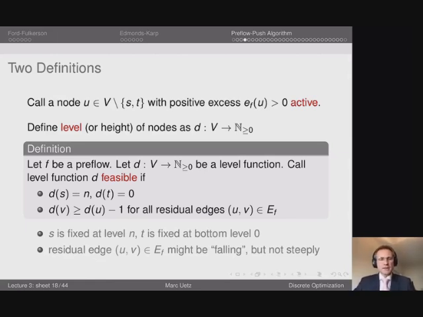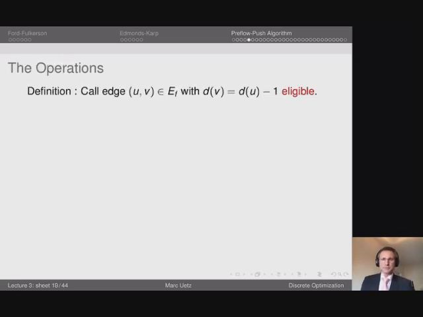So now what's the algorithmic idea? We are always maintaining such a level function which is feasible, and we are going to let the flow go downwards, from higher level to lower level, and the feasibility will guarantee that flow is going downwards towards nodes which have 1 level less. Therefore, we make the following definition for the operations that we're going to perform.